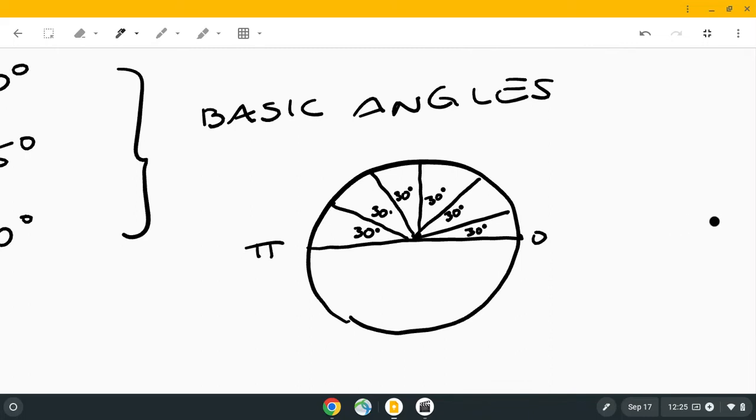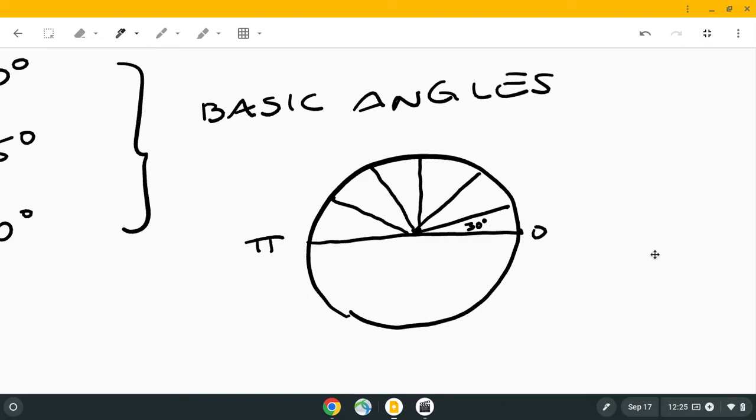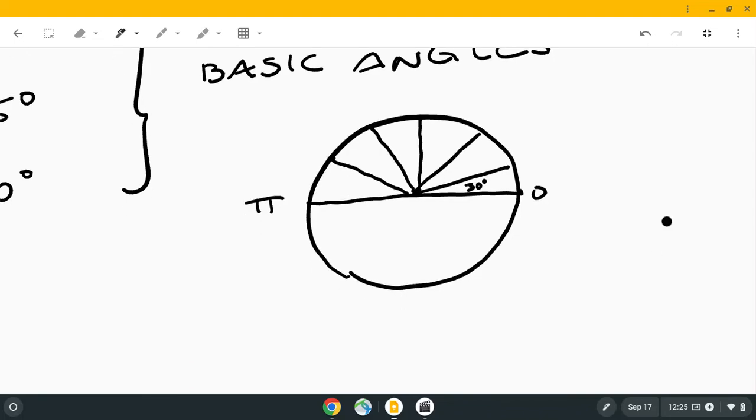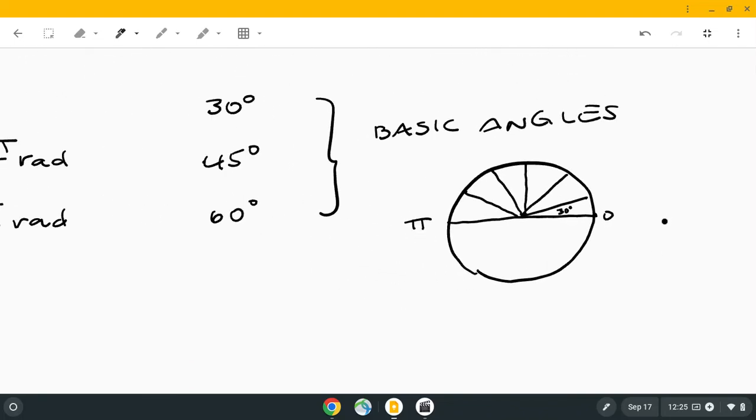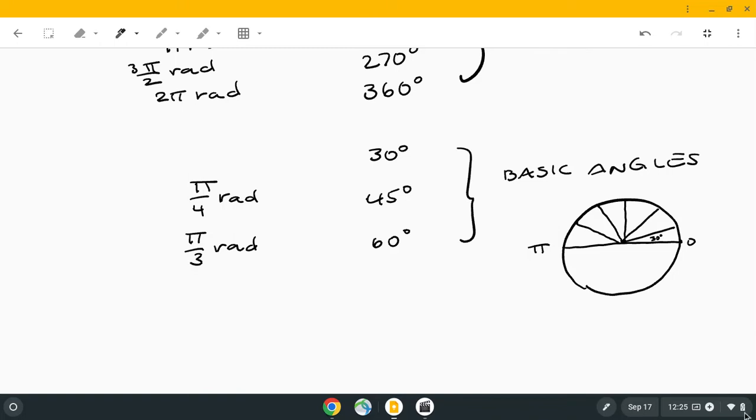So if we only look at one of these, then 30 degrees is only one of the 6 pieces. So 30 degrees is equal to 1/6 of pi, okay?